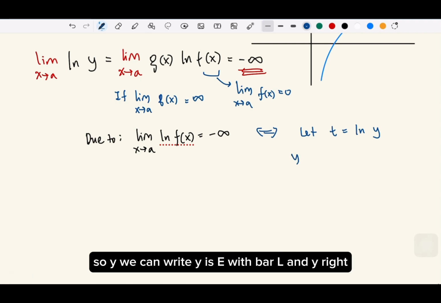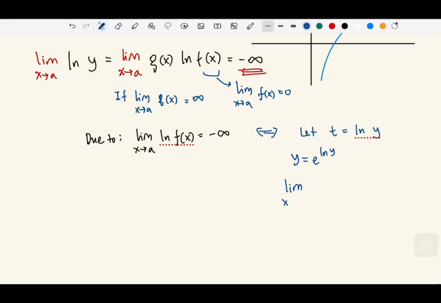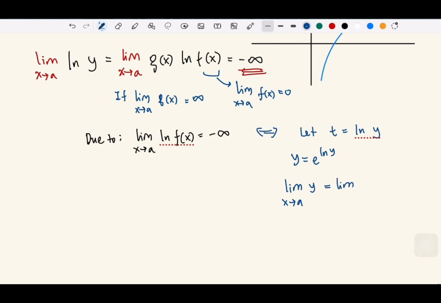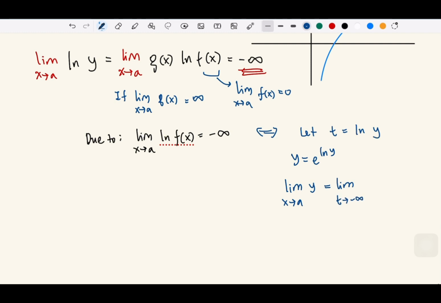So we can write y is e with power of ln y, right? So we can write the limit as x approaching a, and then we can rewrite this in terms of negative infinity as we mentioned from here.